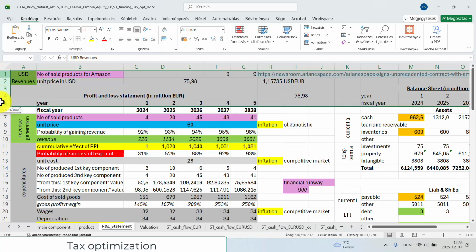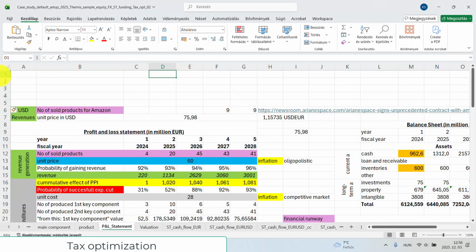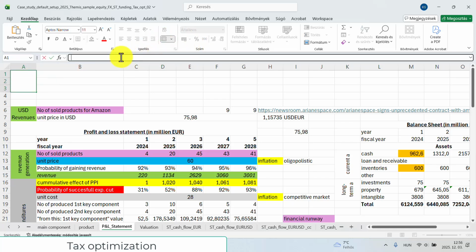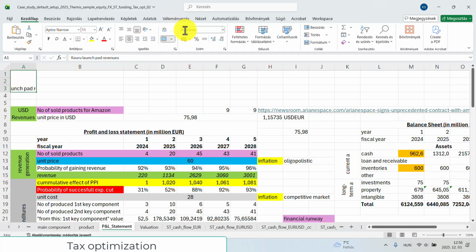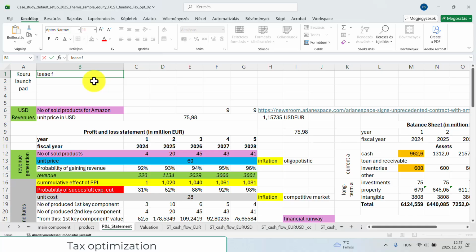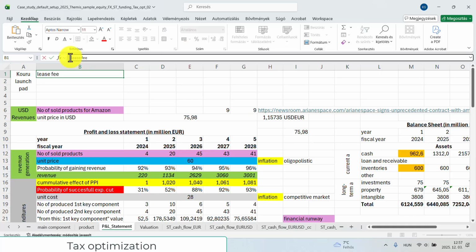So let's again create a launch pad revenue section. In this case we have the lease fee. This is a land lease, so this is not a financial lease.